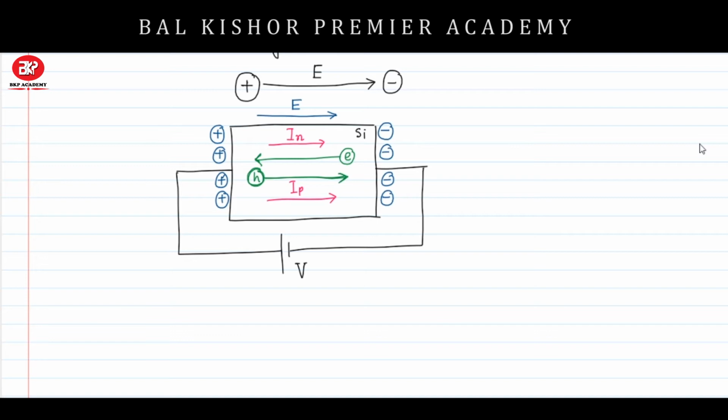So the total current that I will get will be moving from positive polarity to negative polarity due to electron and hole. I am denoting it as I total, and this I total will be IP plus IN. IP is the component of the current due to the hole movement, and IN is the current due to the electron movement.